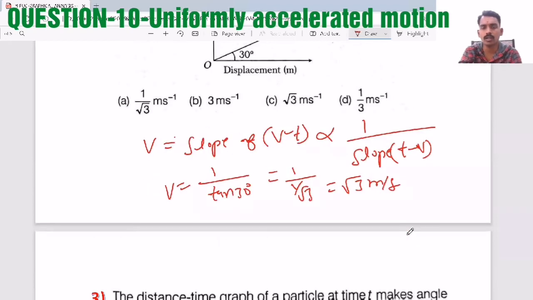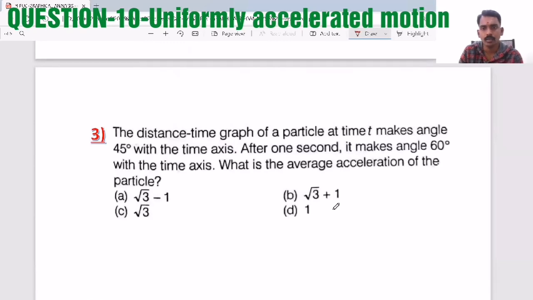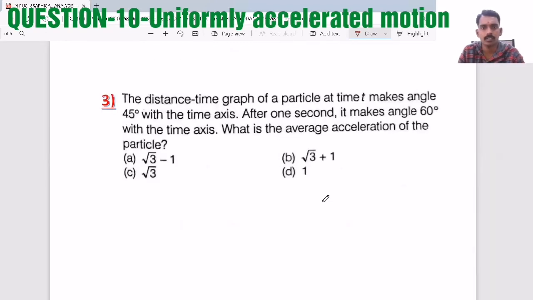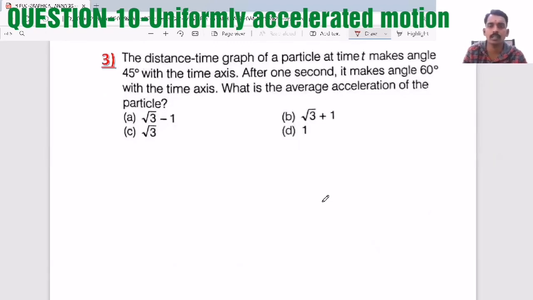So this way, once you understand the question, you can check whether slope or area is needed and what data is given. Now the third question: the distance-time graph of a particle at time t makes an angle 45 degrees with the time axis.